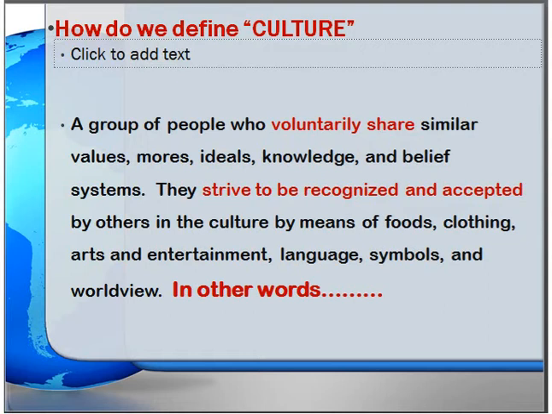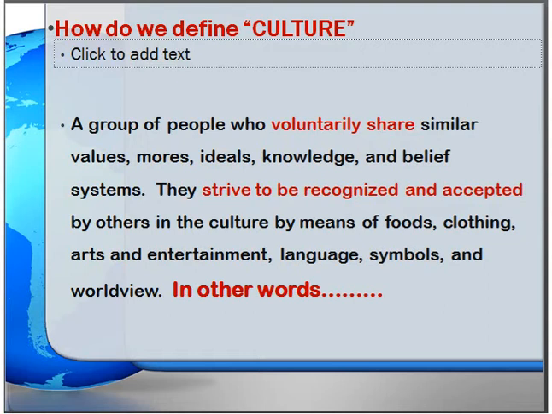The important thing within this particular definition, there are 2 important points here, and they are outlined in red. For the purposes of this paper, a culture is a group of people who voluntarily share similar values, mores, ideals, knowledges, belief systems.